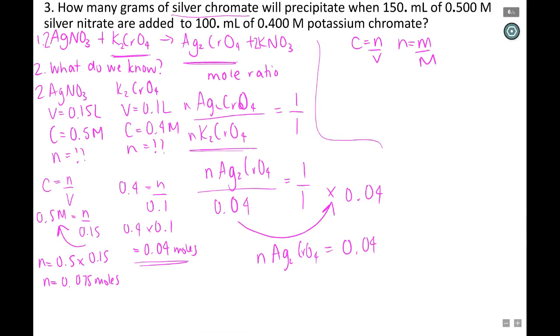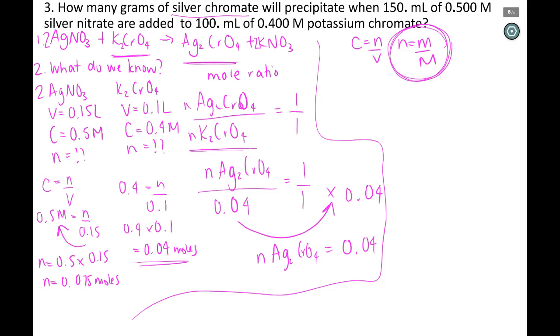So we still need to work out our grams, for which we need to use this equation here. But we now know what our N is, so we know how many moles of our silver chromate we have.